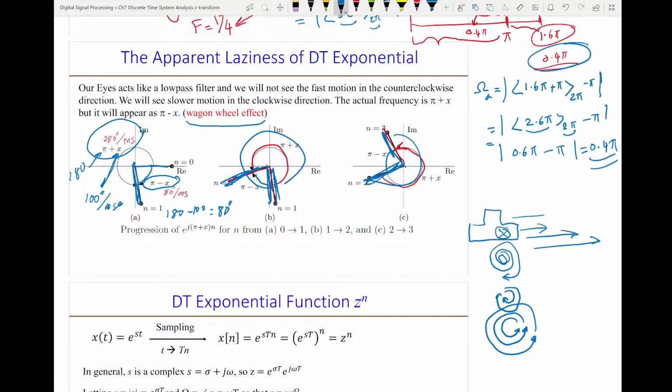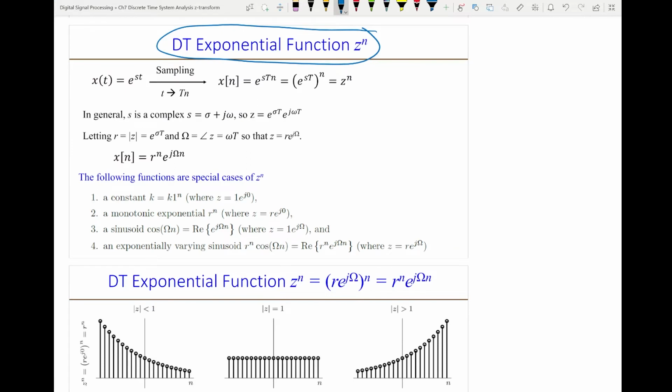Okay, let's look now at this exponential function. In signals and systems, or in the Laplace transform, we said x of t can be represented as a linear sum of this exponential function, where x of s is the Laplace transform, and s can go from minus infinity to infinity.